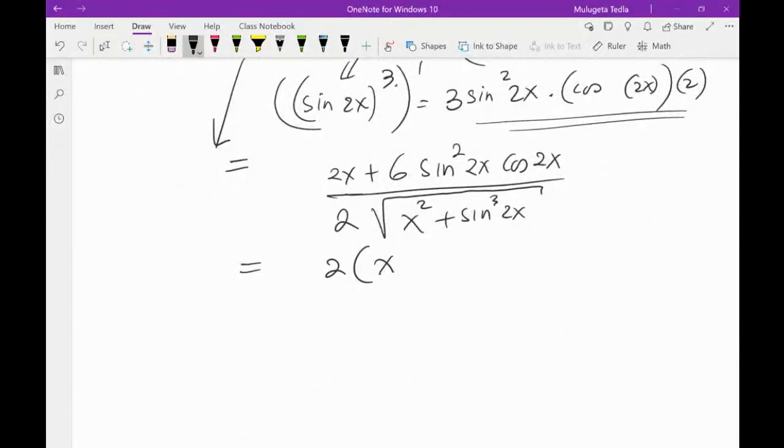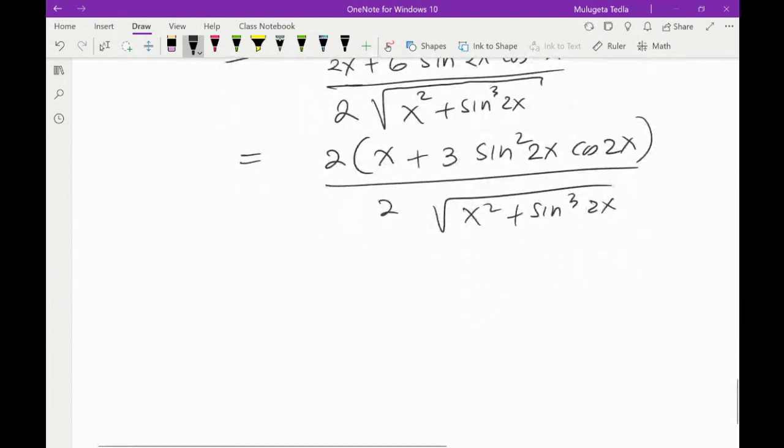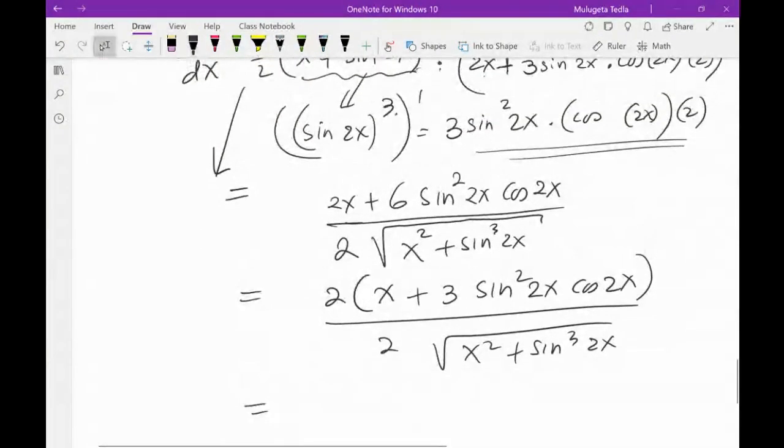So I have x plus 3 sine squared 2x cos of 2x over 2 square root of x squared plus sine cubed of 2x. You didn't have to write that. You can go directly to the answer as long as you know it. The only problem with that is sometimes you take this away, but you forgot to take away that.